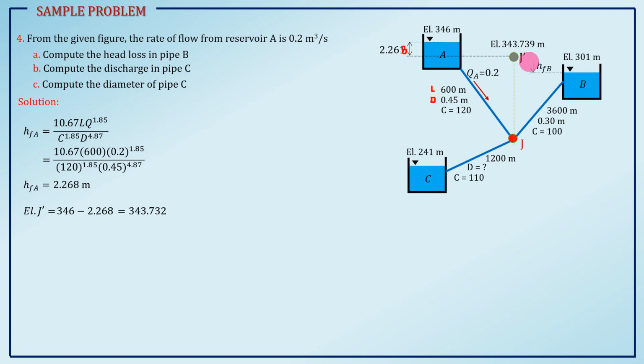That is just your head loss in pipe B. Calculating, 343.732 minus 301, we have 42.732 meters. That is the head loss at pipe B. That is the answer.